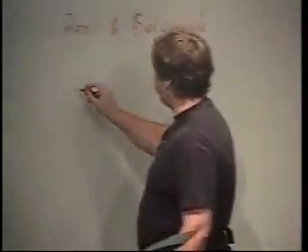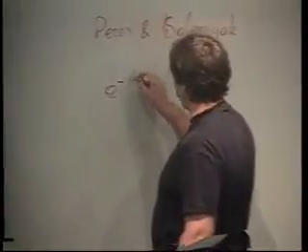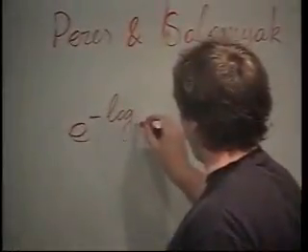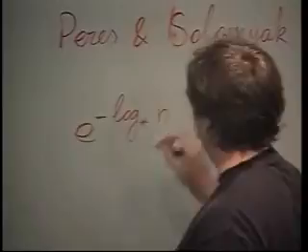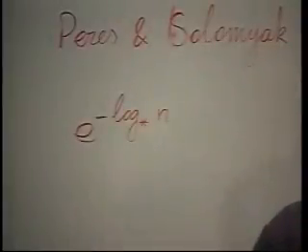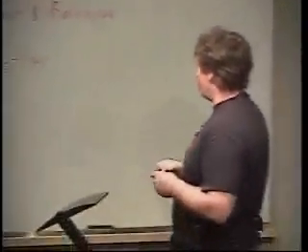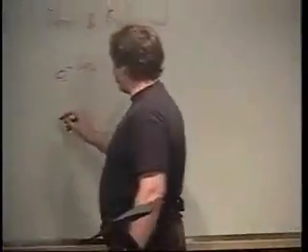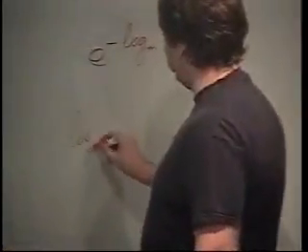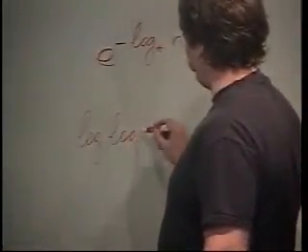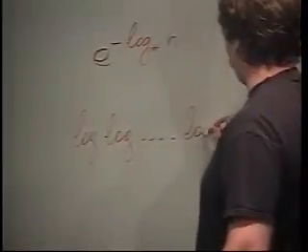The estimate was this. Well, it's in the introduction, in the abstract, so you got it already. It's e to the power minus log star of n. Well, it's a wonderful estimate, except what's log star, right? So log star is the number of times you need to take log to get 1 from n.